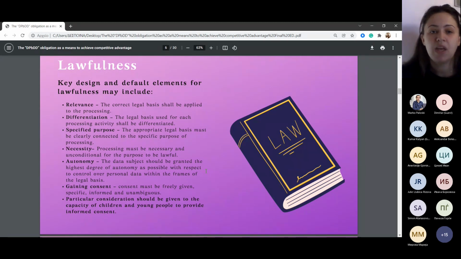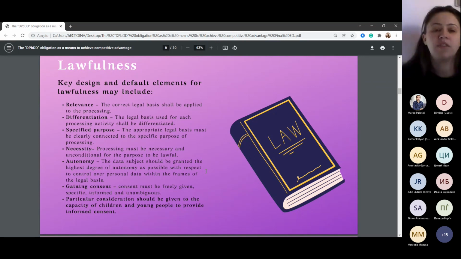We cannot use one single legal basis for every processing. We need a specified purpose: the appropriate legal basis must be clearly connected to the specific purpose of processing. We need necessity. That means the processing must be necessary and unconditional for the purpose to be lawful.